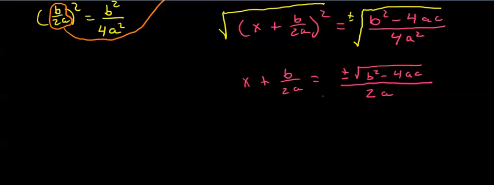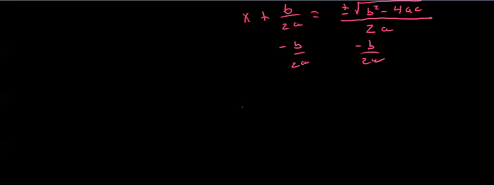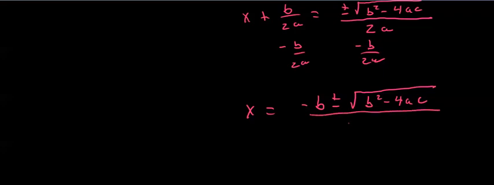Notice I have a common denominator here, so I subtract minus b over 2a to both sides, and I'm done. X is equal to the opposite of b plus or minus the square root of b squared minus 4ac all over 2a.